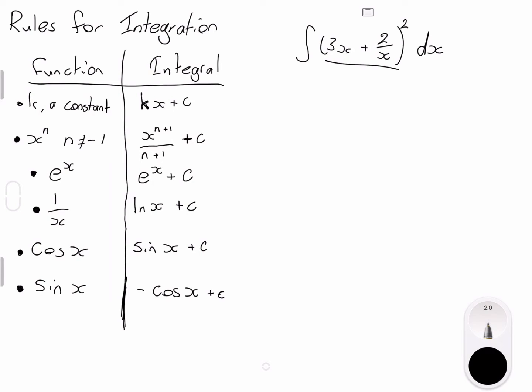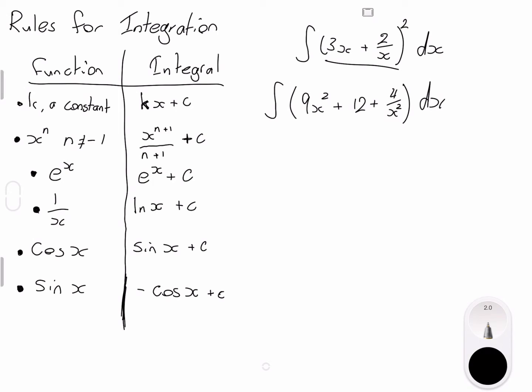So when we expand this out, we're going to have the integral of 9x squared plus 12 plus 4 over x squared. Now, if you're not sure where this comes from, go through, do the multiplication and expand it out. And of course, with respect to x.